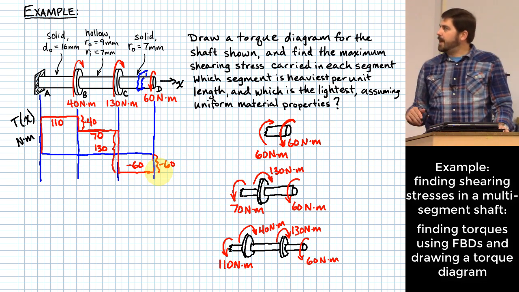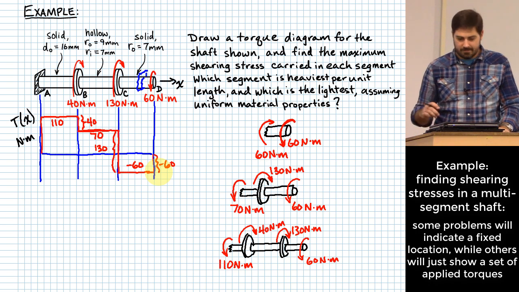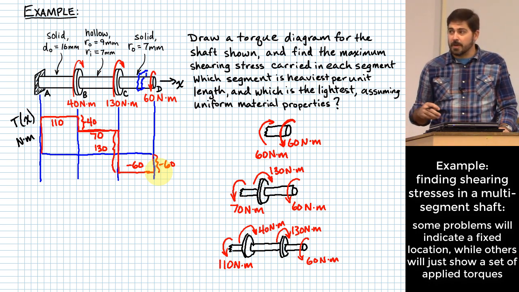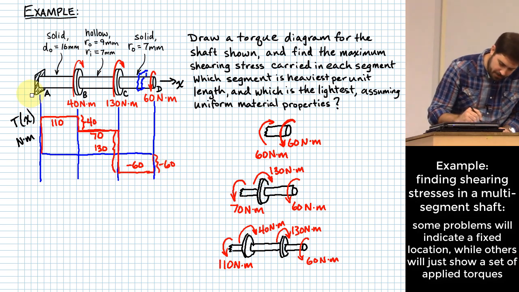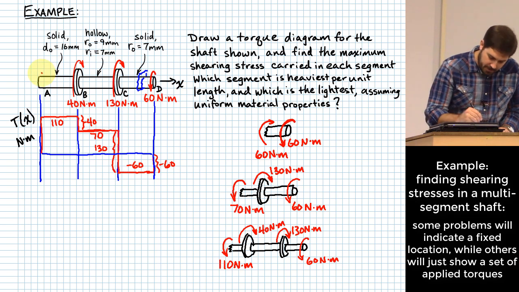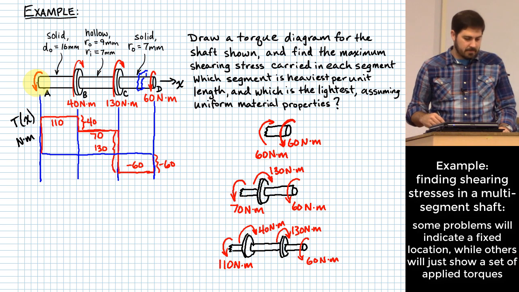So given all of that, what kind of a reaction is the wall applying? 110 Newton meters. As a matter of fact, for some of your problems that you might work on, it might not even show a wall or a support like this. Instead, it might directly give you that there's some kind of a torque being applied just to that end, right?